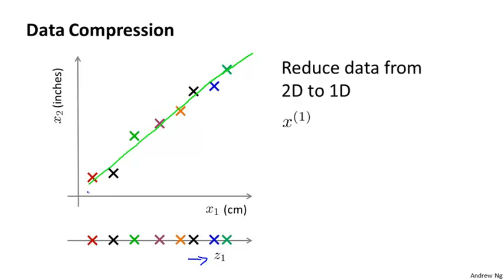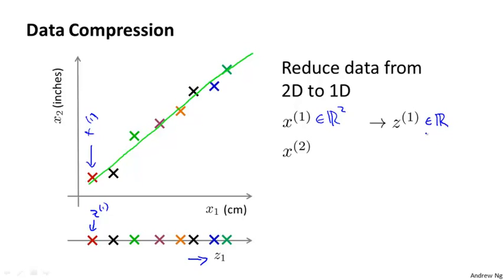And what this means is that whereas previously, if I had an example x1, maybe this was my first example, in order to represent x1, I needed a two-dimensional feature vector. Instead, now I can use just z1 to represent my first example, and that's going to be a real number.